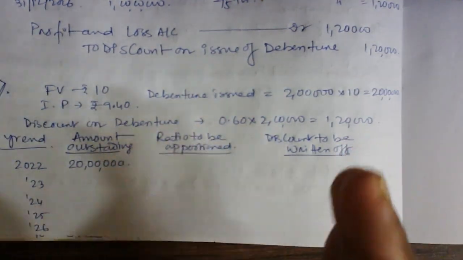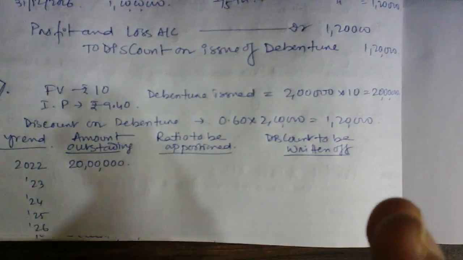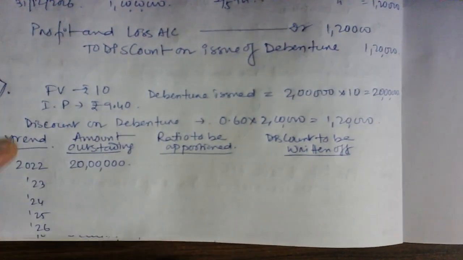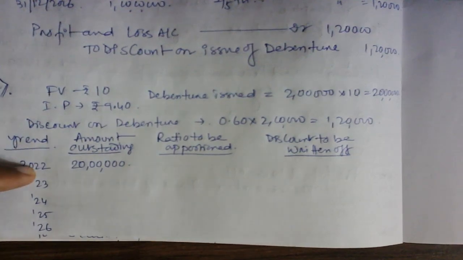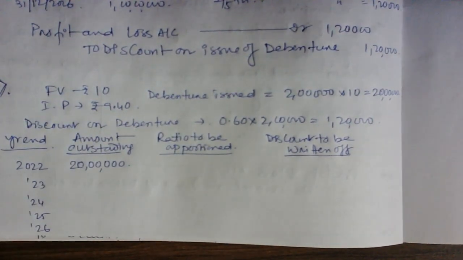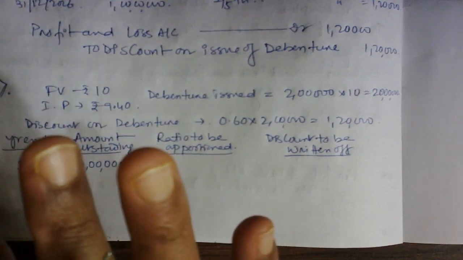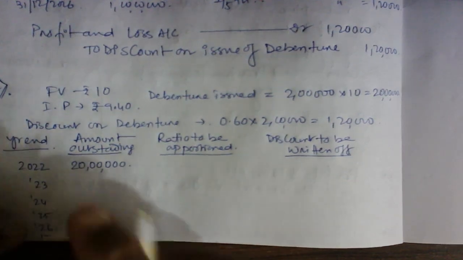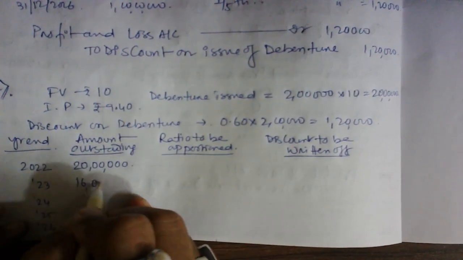आपका कितना था? 20 lakhs था ना हाथ में. During the year you use debenture for 20 lakhs, so amount outstanding year end 2022 में 20 lakhs है, and when you move towards 23, you have paid 4 lakh rupees, okay, when it is year end. Then in 23 beginning till 23 end you use 16 lakh rupees of debenture.